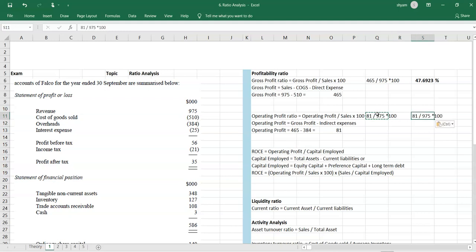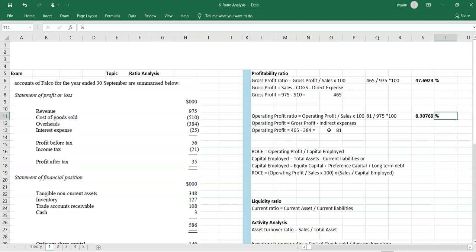So let's get the answer here. So we got 8.33 as the answer here. So from gross profit we deducted the overheads.